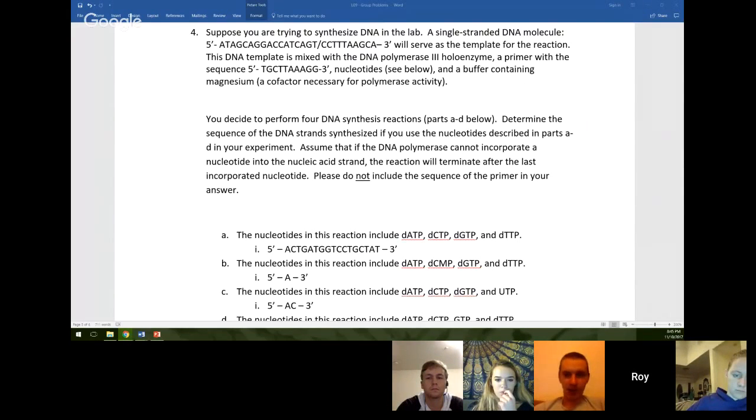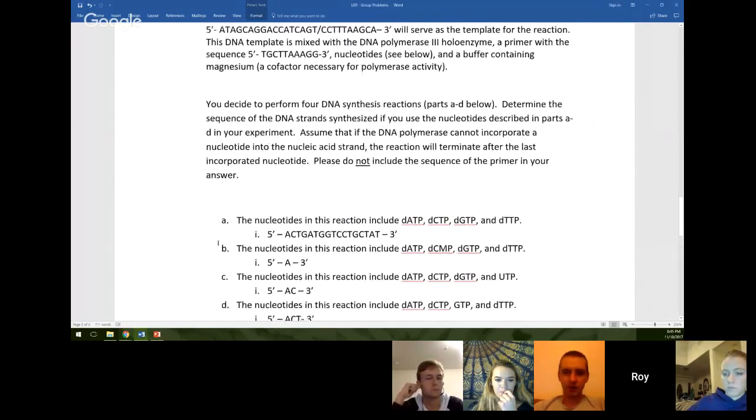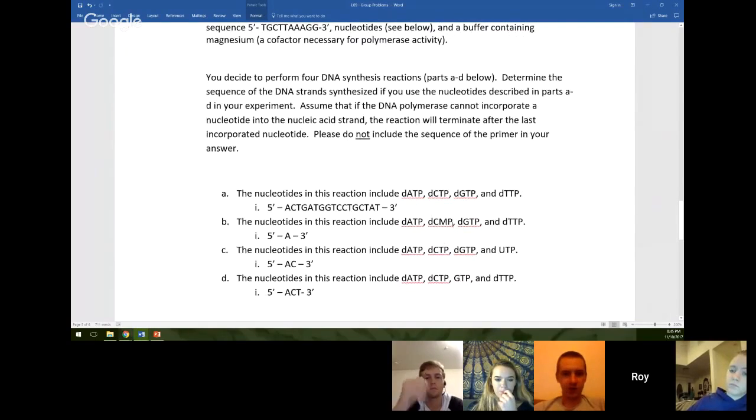And then B, you don't have the right triphosphate for C, and so you end up with 5' A and then 3' it ends there. And then C, you don't have the right stuff for the T, which UTP is an RNA, and so you end up with 5' AC and then 3'. And D is basically the same stuff, and you end up with 5' ACT and then 3'.